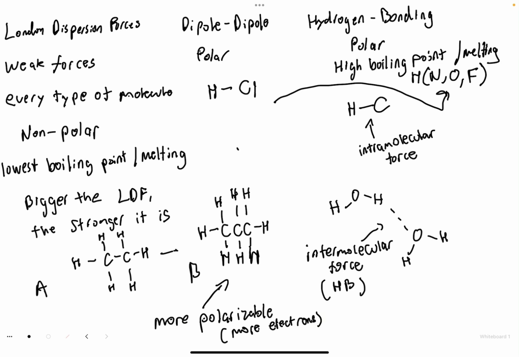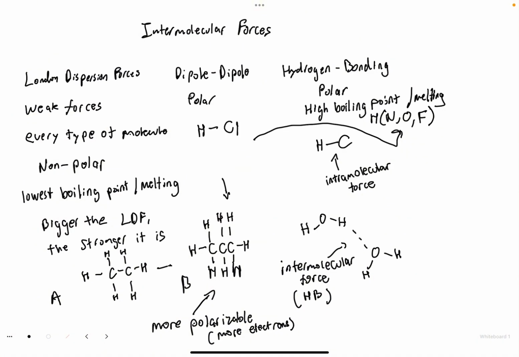So that's when you can tell which of these LDFs would be stronger. These bonds will have London dispersion forces. So LDF and then LDF. As well as hydrogen bonding also has dipole.